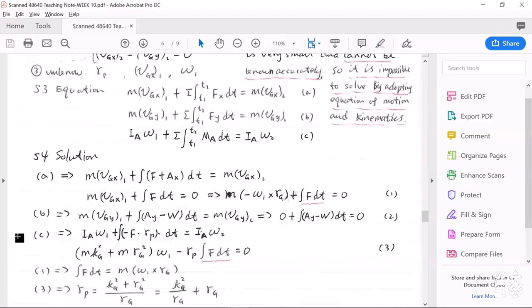Now the third equation, principle of angular impulse and momentum. Initial angular momentum IA omega 1, final IA omega 2. Because omega 2 is 0, this means final angular momentum should be 0.